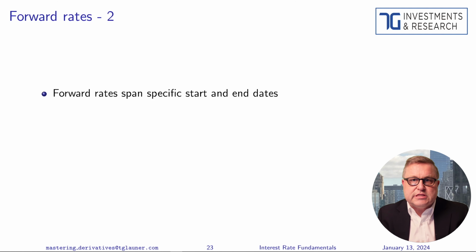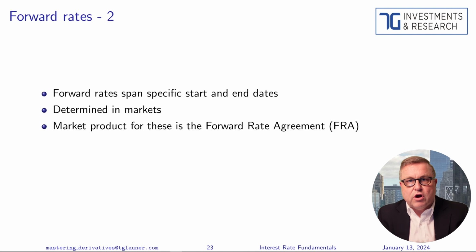These dates have specific start and end points, which are determined by market conditions. For instance, forward rate agreements, FRAs, allow you to trade these forward rates directly. You can also conceive that every forward rate could be implied synthetically through the purchase and sale of various FRAs or swaps.